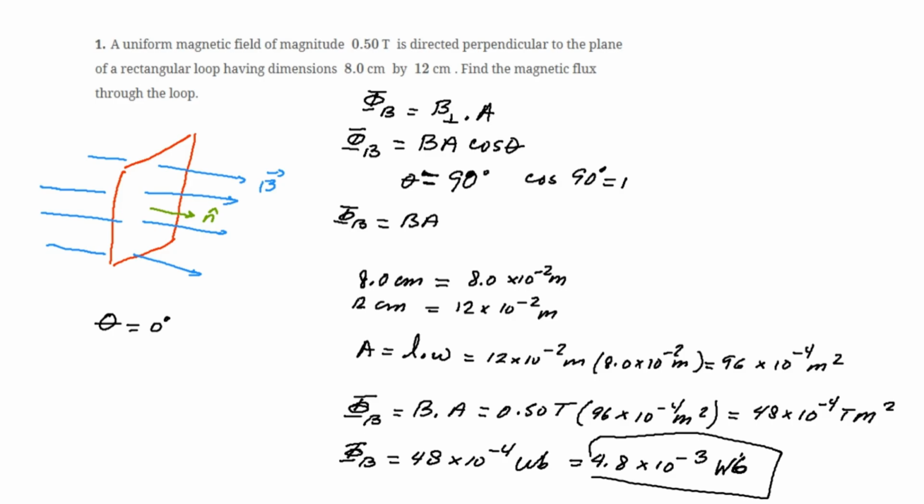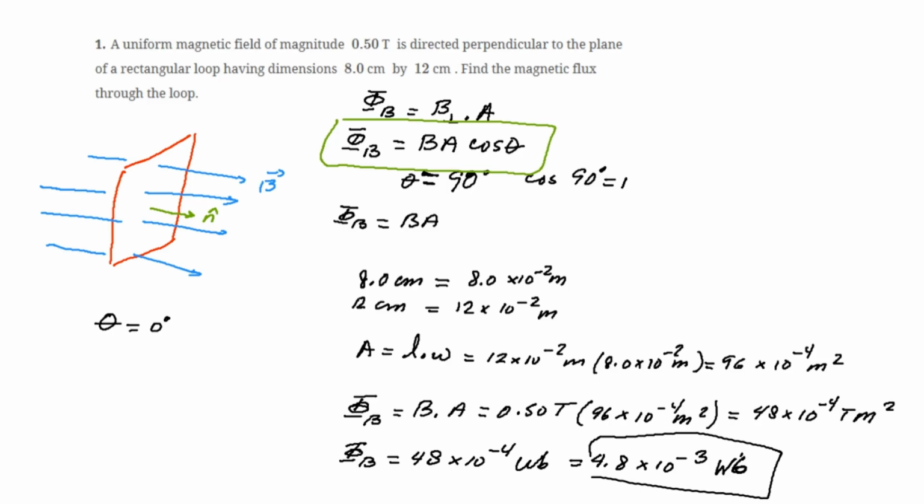So this is just one of the simplest cases, one of the simplest problems. And in this problem, well, to highlight this formula that says that the magnetic flux through the loop is BA cosine of theta.